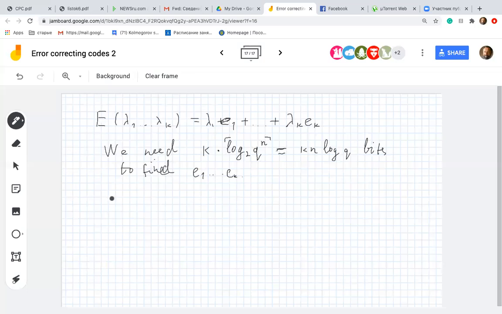So is it possible to reduce the number of bits? And an interesting idea is due to the scientist called Wozencraft, who designed random codes, but which need much less random bits.